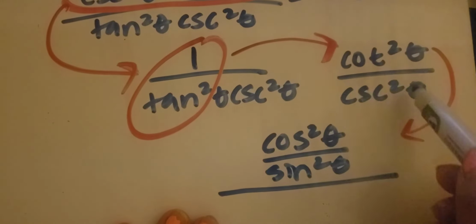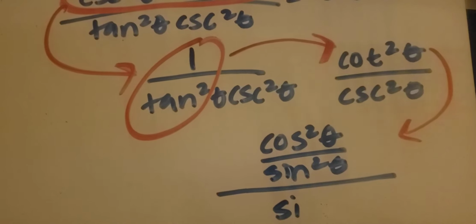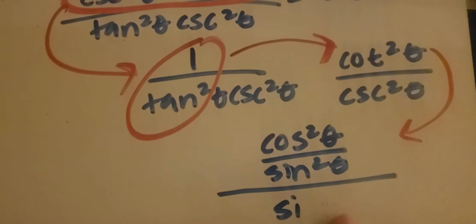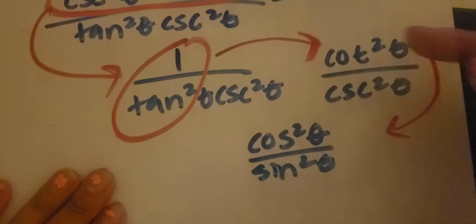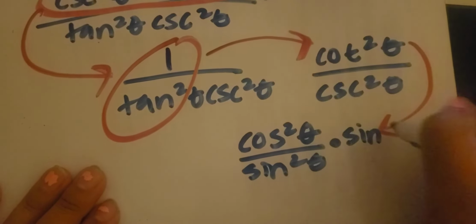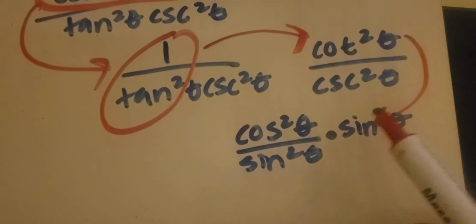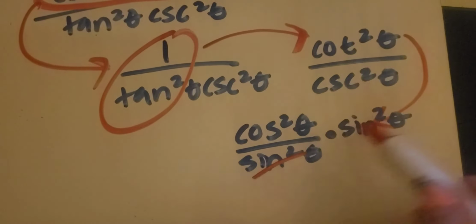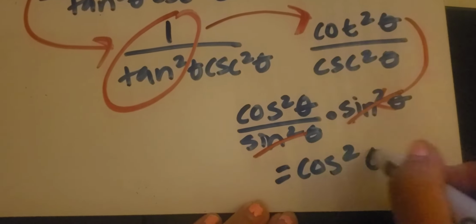This is my numerator, and this, since it's in the bottom, well, I shouldn't have it as a division anymore. Because it's 1 over cosecant, it should now be times sine squared theta. Okay? And then here, if you notice, the sine squares will cancel out. And then what you should have left is cosine squared theta.